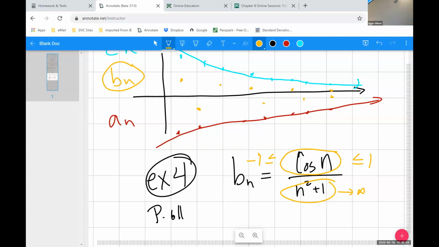So instead, what you would say is that, well, no matter what, we have here is always greater than or equal to -1 over n squared plus 1. And it's always less than or equal to +1 over n squared plus 1. And both of those we can show have a limiting value of 0.